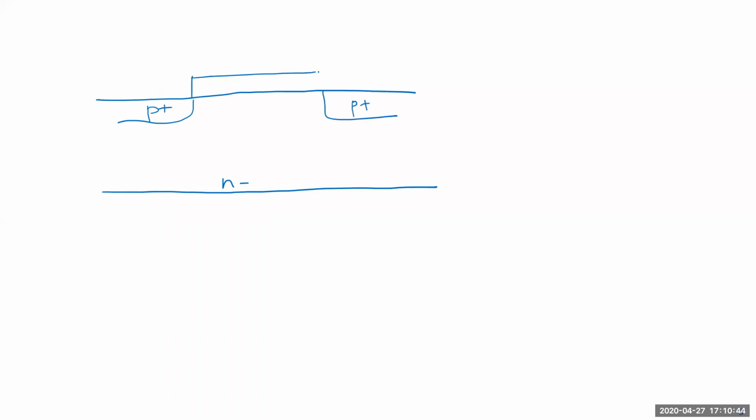You put an oxide here, you put a gate here, and this gate is going to be P plus poly. The reason is because this is getting ion bombarded by the same amount. This dopant, let's say, is 10 to the power 15 dopants per centimeter cube. Na is 10 to the power 19 per centimeter cube.